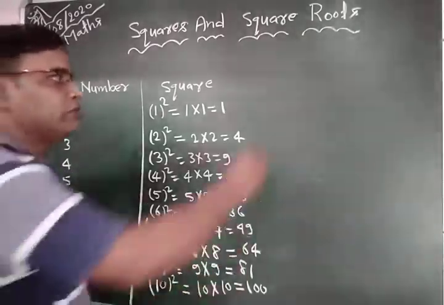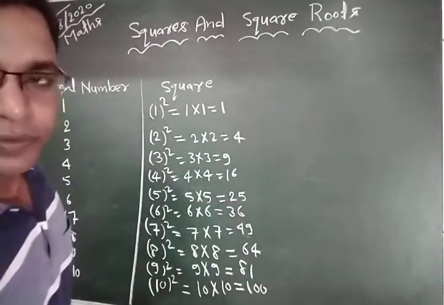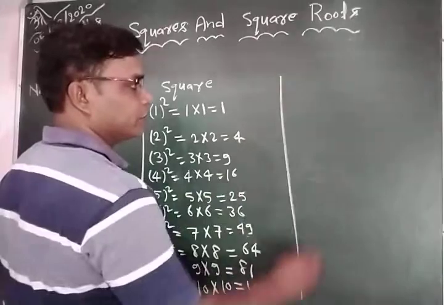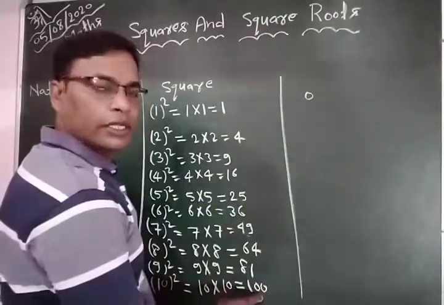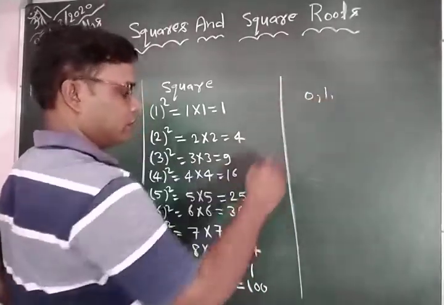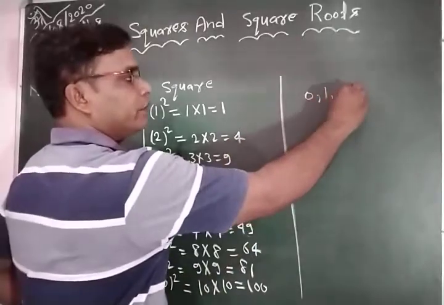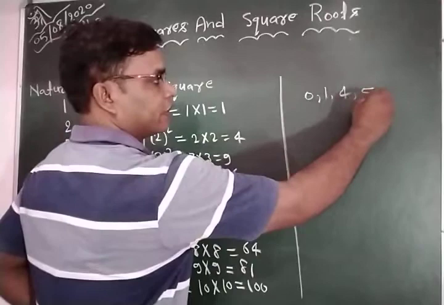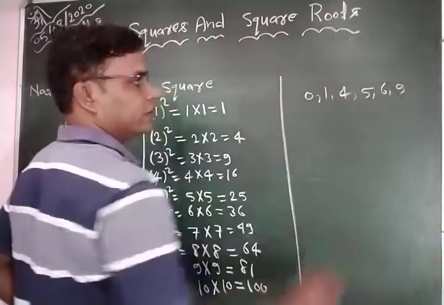So you can observe here that the unit place digit of a square number may be 0, 1, 4, 5, 6 and 9.